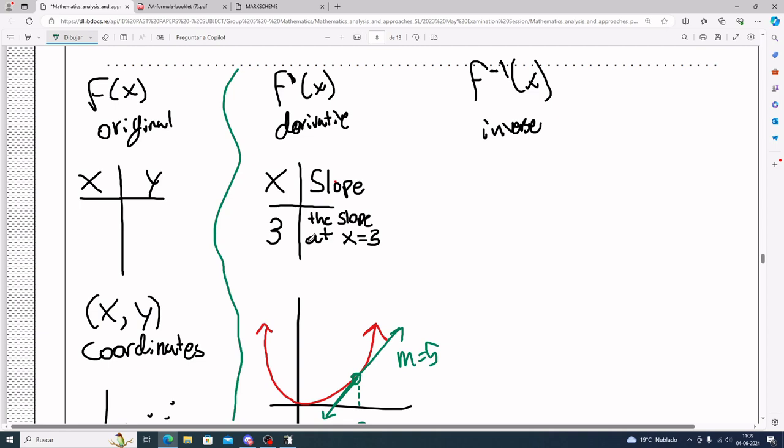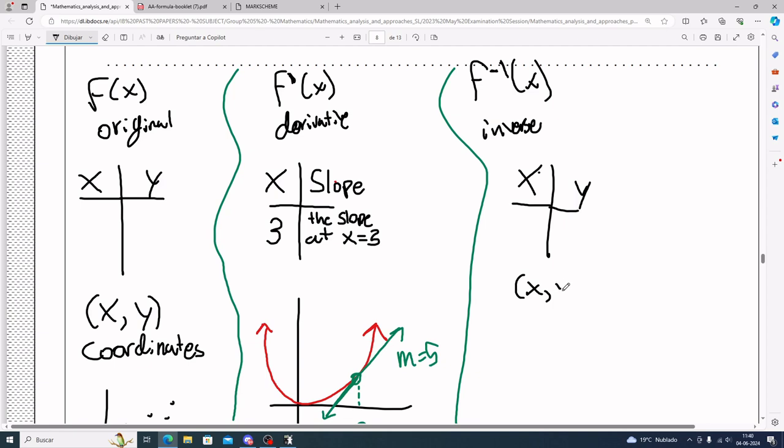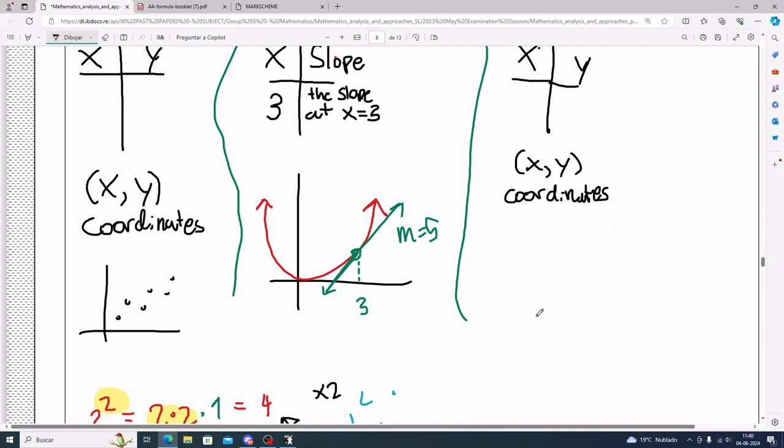That is very important to keep in mind, so that we can work with it more fluently. Last but not least, the inverse is kind of whack, but technically you plug in an x, you also get a y. It's also going to be x, y coordinates. There's nothing too crazy here, you're dealing with the inverse, so it's like the mirrored version of your original.